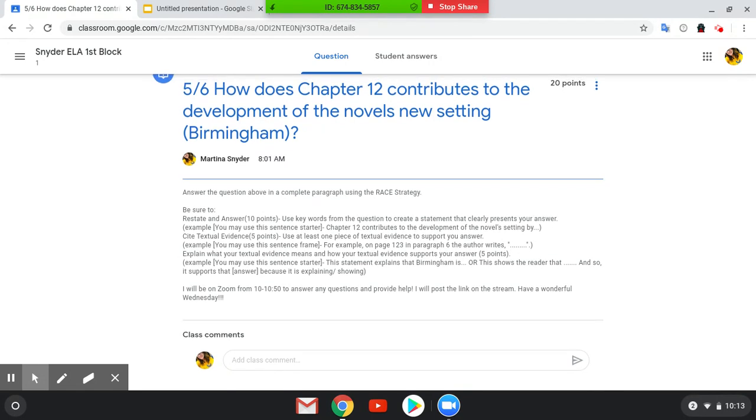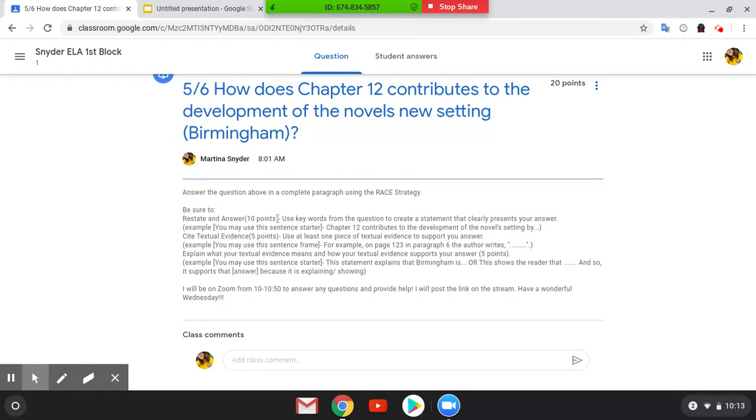I'm going to just go over the instructions for today's assignment a little bit as well, just so you can see how I set this up and gave you some examples on how to use the RACE strategy. You're asked to answer the question above in a complete paragraph, which means at least 3 sentences, using the RACE strategy, which means you need to restate the question, answer the question, cite textual evidence, and explain what your textual evidence means and how that evidence supports your answer.